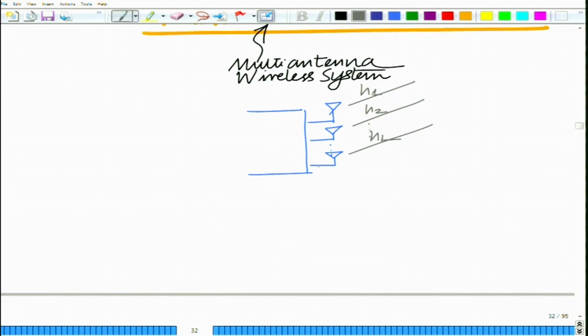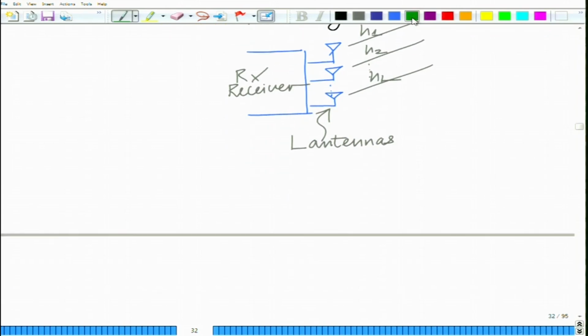So, these are, let us say, L antennas. So, this is your receiver in the wireless communication system. You have the L antennas. So, H1, H2, HL are the channel coefficients.